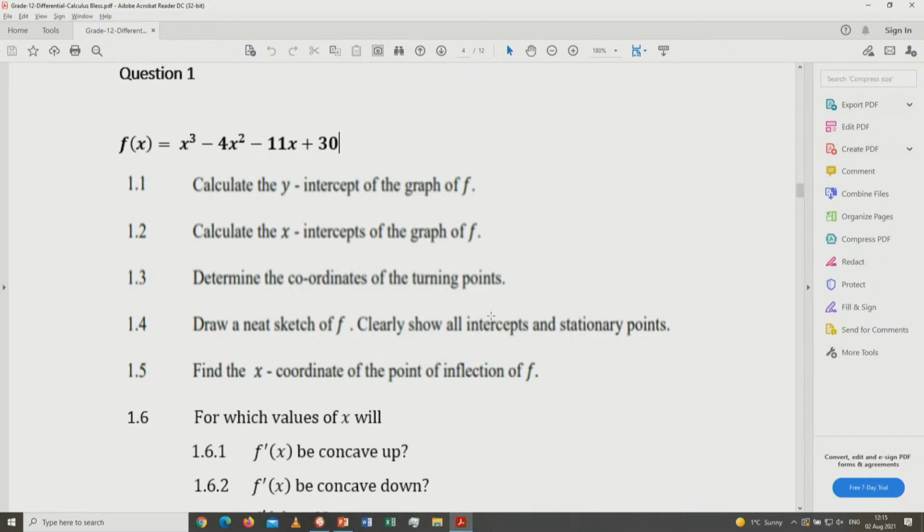Then when we add this, we should get the middle term, which is minus 8x. Yes, they are correct. Then from there, 3x minus 11 is equal to 0, or x plus 1 is equal to 0. Then the first value of x at the turning point will be 11 over 3, or x will be equal to negative 1.